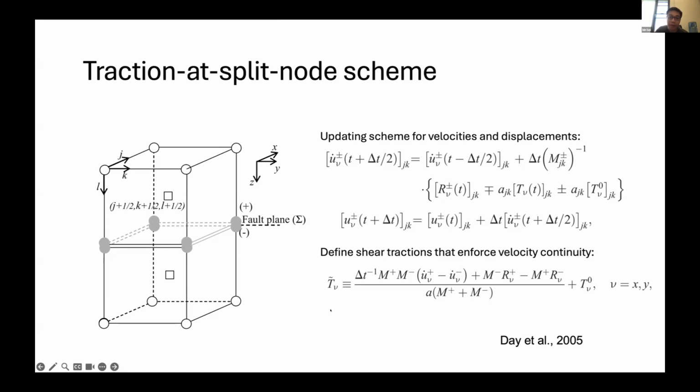And this is the maximum value to lock the fault, because you can see the logic is to say, if there's some slip between the nodes, the maximum traction that's allowed between the nodes is the friction that puts the sliding to a complete stop.